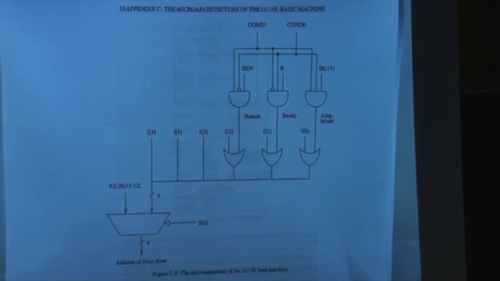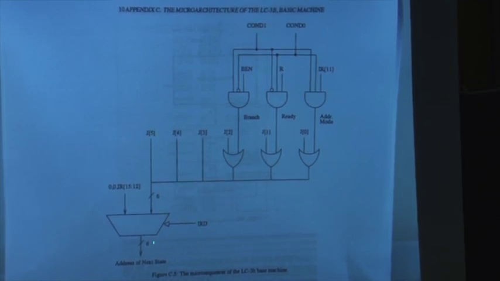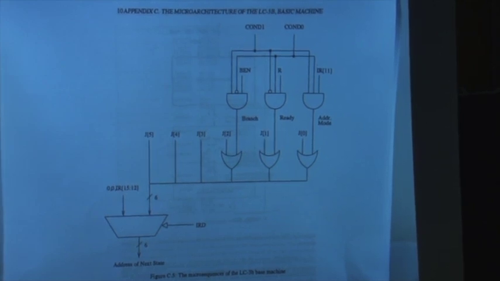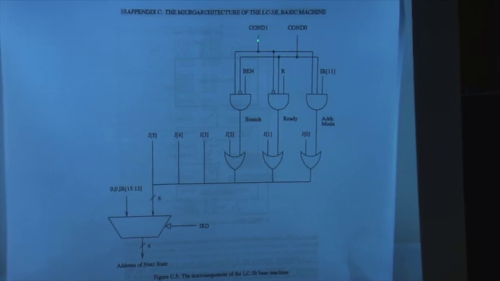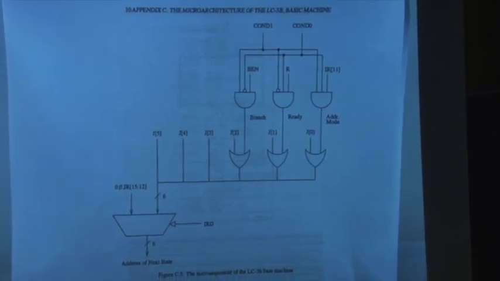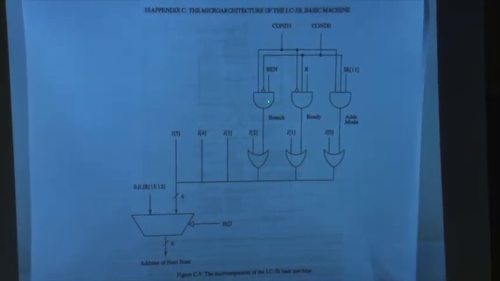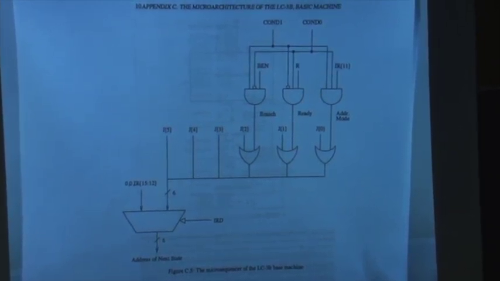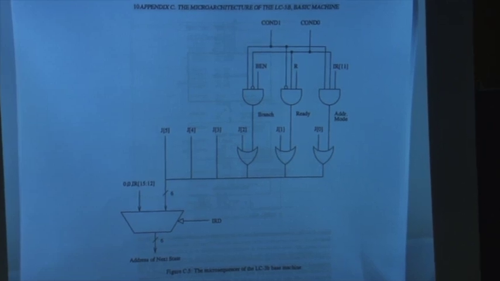Does that make sense? Basically, you set the J bits in the control store to 18, set IRD to 0 to select the J bits, and ensure that none of these mess up the J bits. How do you ensure that none of those mess up the J bits? Well, the next state transition is not conditional. Next state transition is always state 18. So you set the condition bits such that these AND gates always evaluate to 0. Make sense?